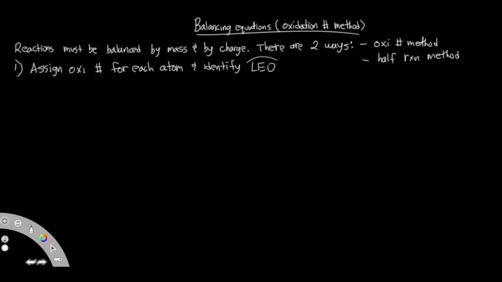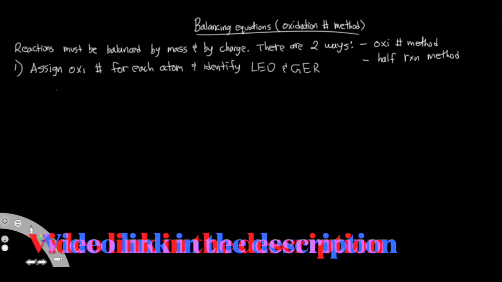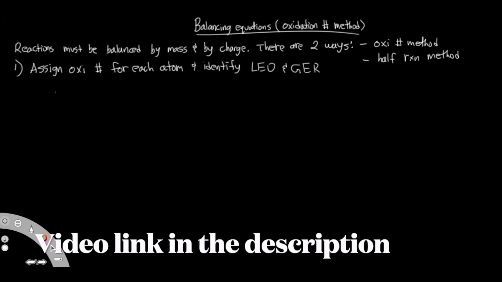Okay, so we need to identify the losing electrons of oxidation atoms that are part of the equation, and GER. Obviously this stands for reduction, and this is gaining electrons, all right? So we've got to do this for both. And you should obviously be comfortable finding oxidation numbers for every single atom. If not, look at the previous videos for the oxidation number in case you're still confused.